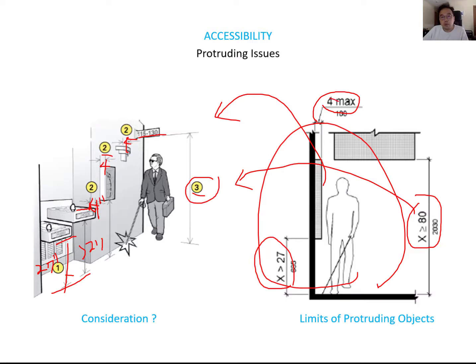So you don't need to memorize all these dimensions, but once again, when you're designing a public space, please open this slideshow. Please apply these dimensions to designing any public space for the people who are visually impaired.